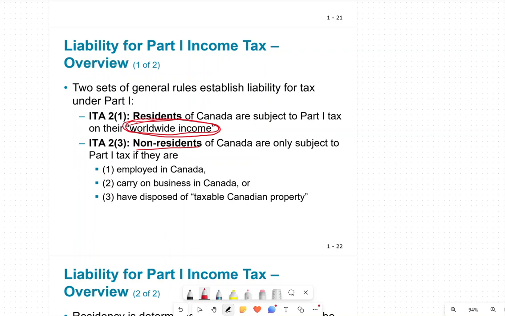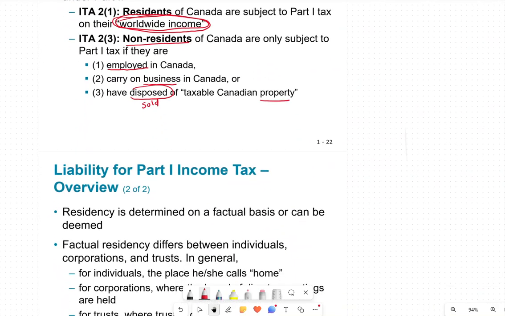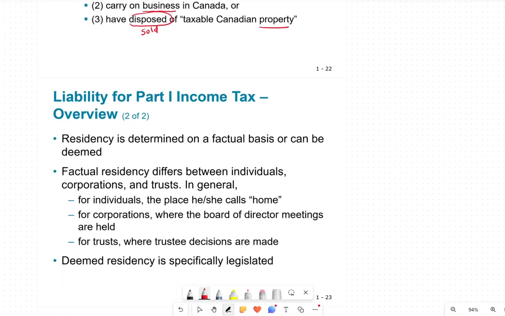If you are a non-resident of Canada, you only pay taxes if you were employed in Canada, if you carry on a business in Canada, or if you dispose of, which means sold, a property in Canada.